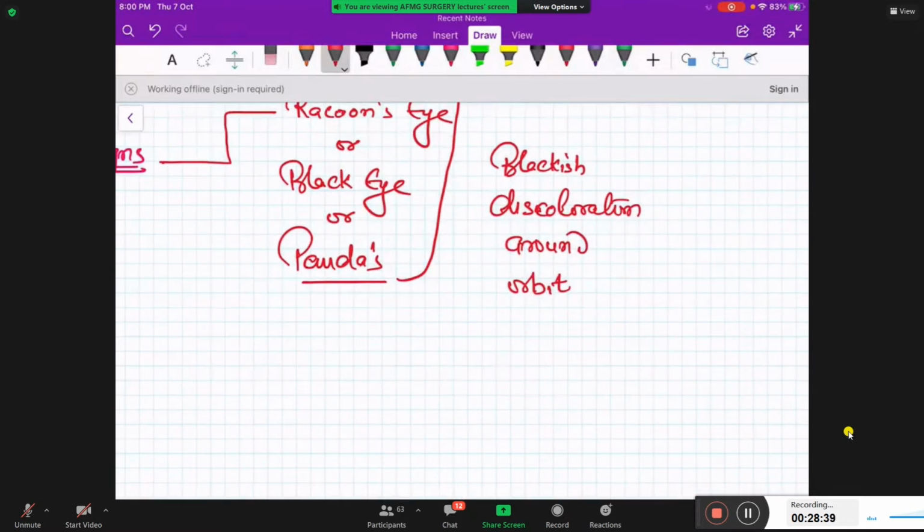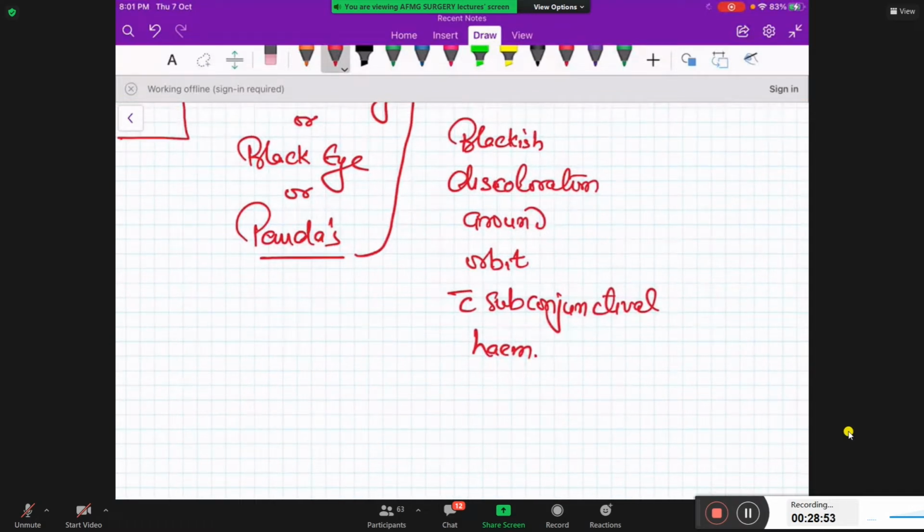Blackish discoloration around the orbit with subconjunctival hemorrhage. Now, a very important point to note in this is, this sign can be there due to local injury to the orbit also.